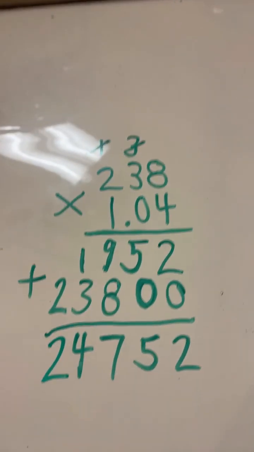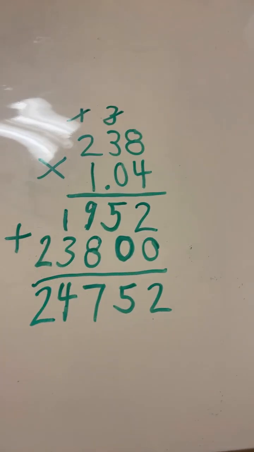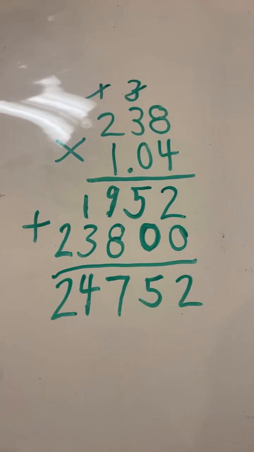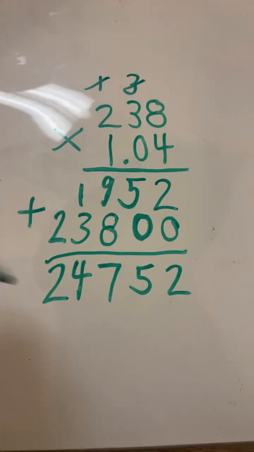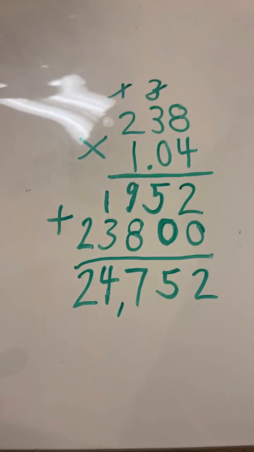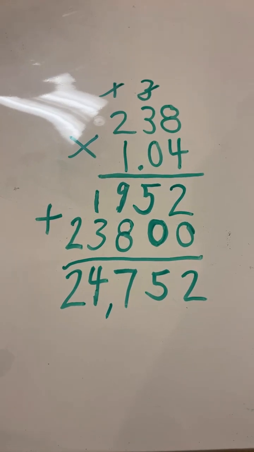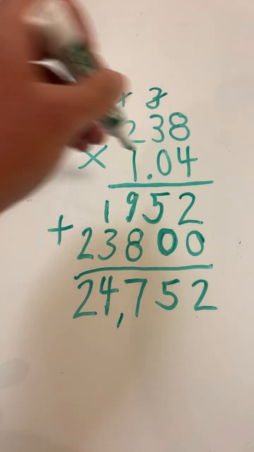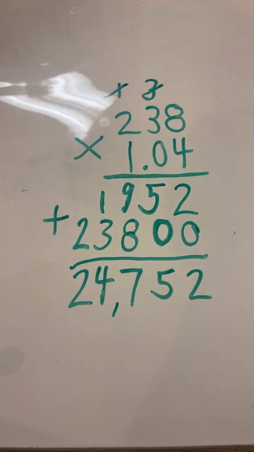So this would be our final answer if we were just multiplying whole numbers. If we were just multiplying whole numbers, our final answer would be 24,752.